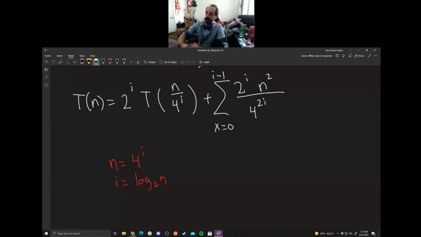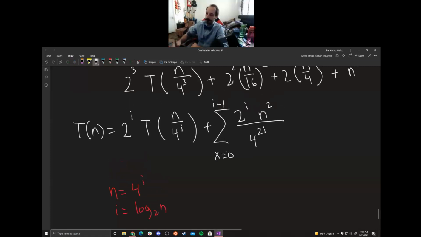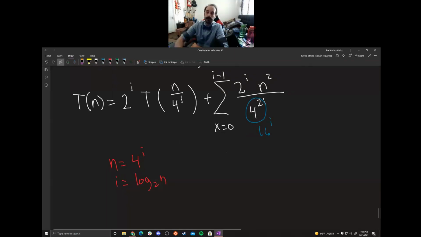Now, before I move on, what I could actually do is rewrite this a little bit by taking this term and rewriting it as 16 to the power i. I believe you can do that in algebra. I did an example on this, so you can do that, in fact.